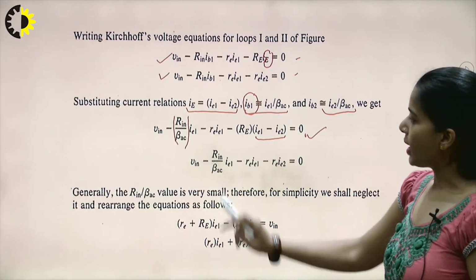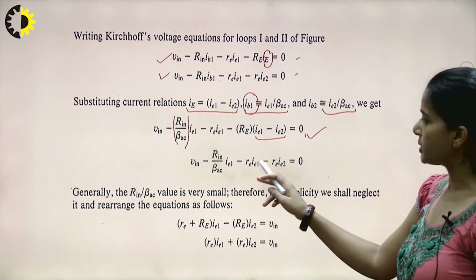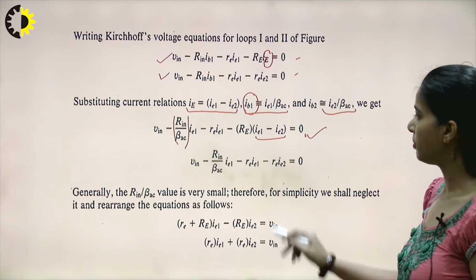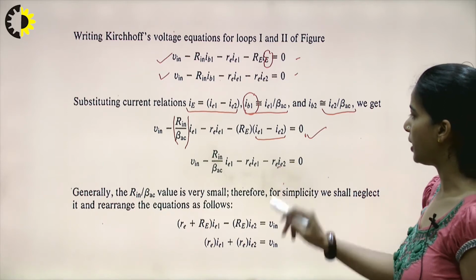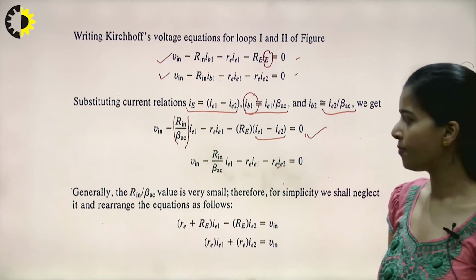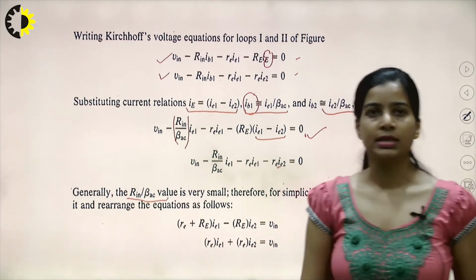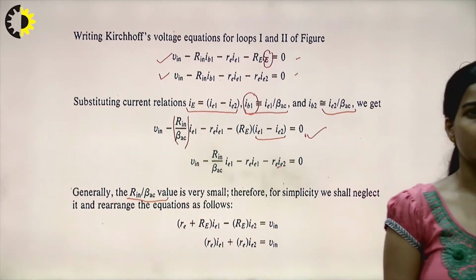So Vin1 minus Rin upon beta AC IE1 minus re IE1 minus multiplication of RE into IE2. So generally that Rin upon beta AC value is very small.